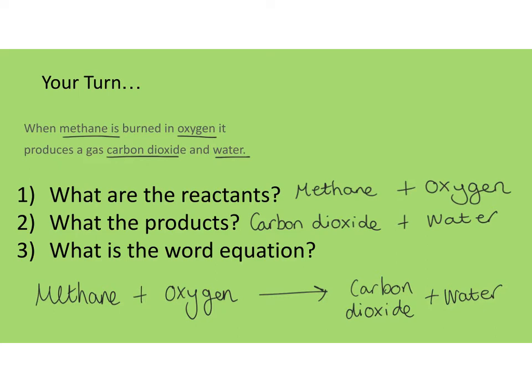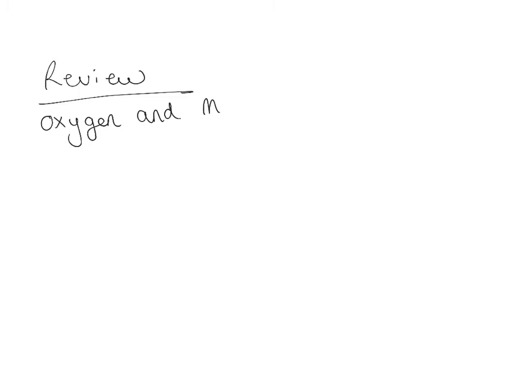What I'm going to do is give you another one as a little review. It doesn't come up often, but I just want everyone to have a go at it. So when I mix oxygen and magnesium, oxygen and magnesium are mixed together.